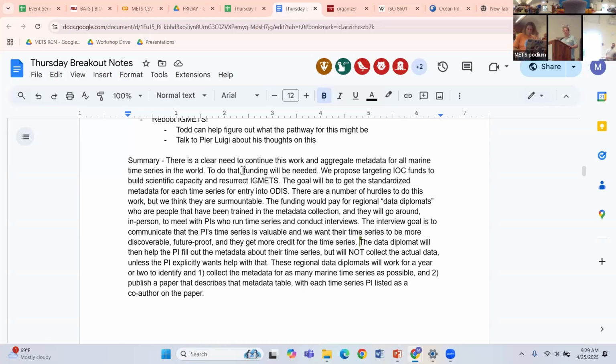Just a small thing, but I understand the intent, I would shy away from calling them data diplomats, because that is actually a job, which is actual diplomacy. So we can call them something else. Well, in IMBER, they had this role of a data scientist who spoke the science and the data side of it.